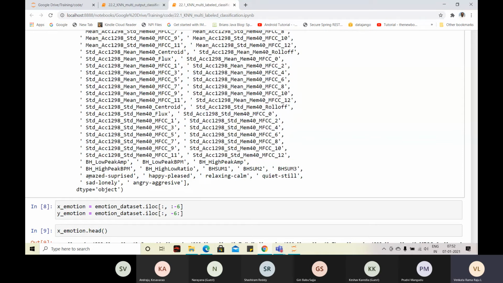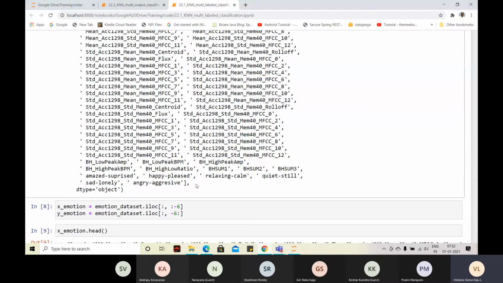Then the target variable is flagged by human beings, saying is it amazing, is it happy, relaxing, calm, quiet still, sad, lonely, angry, aggressive. In movies, there will be different kinds of music. Generally, if there is a horror kind of music, I'll not watch. So like that, by music itself you can sense it.